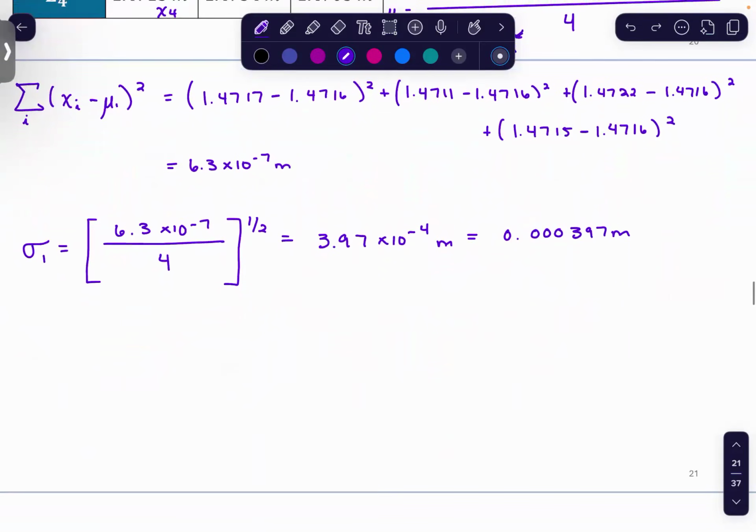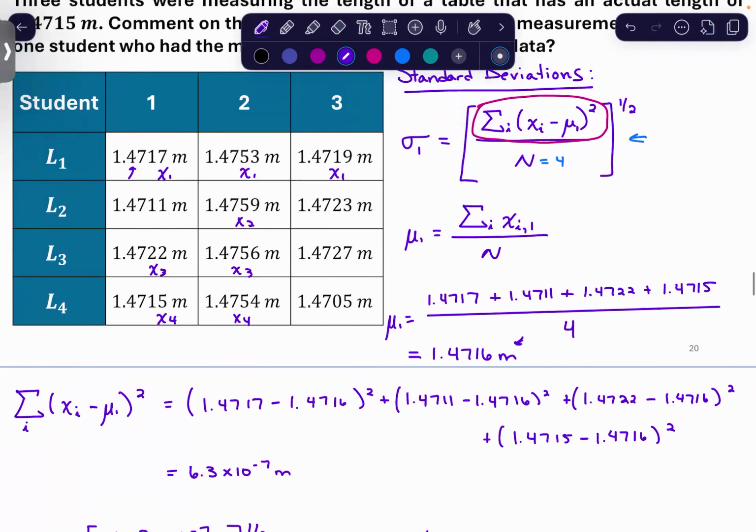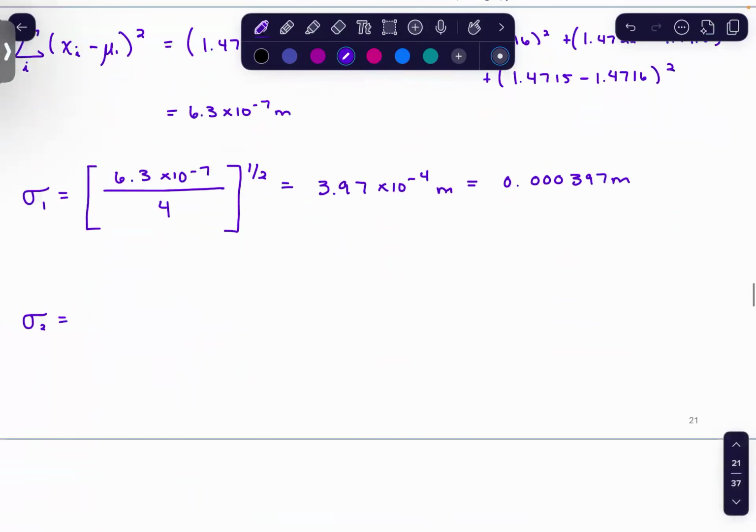Now, I need to go through and do this whole calculation again for student two and student three. And of course, student two is x1, 2, 3, 4. And student three is x1, 2, 3, 4. So now you're just using the same formulas, but you're plugging in the data for each individual student.